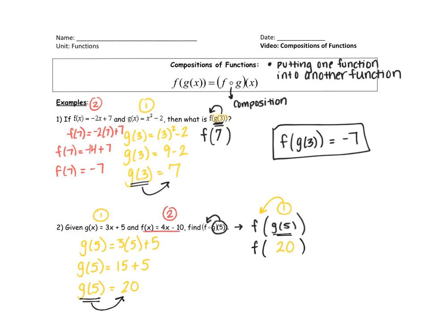So here's my f of x function, and I'm going to find f of 20. So that means everywhere I see an x, I'm going to put a 20. So 4 times 20 minus 10. 4 times 20 is 80. 80 minus 10 is 70.